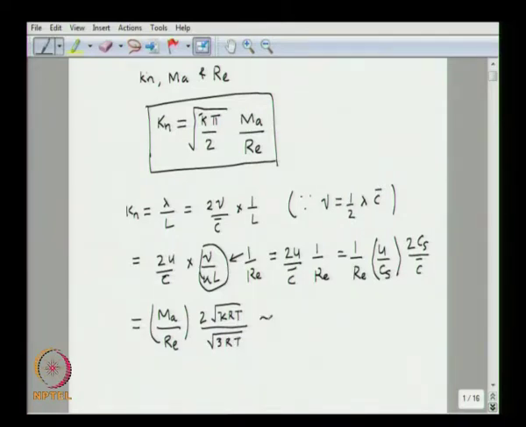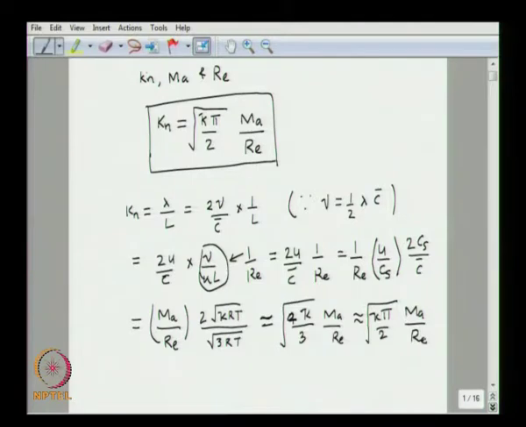So this will be written as 4 k over 3 square root, into Mach number over Reynolds number. This can be approximated as k pi by 2 into Mach number over Reynolds number.